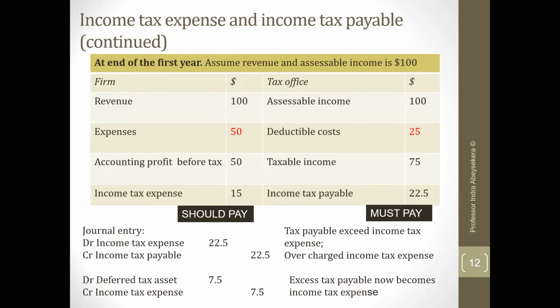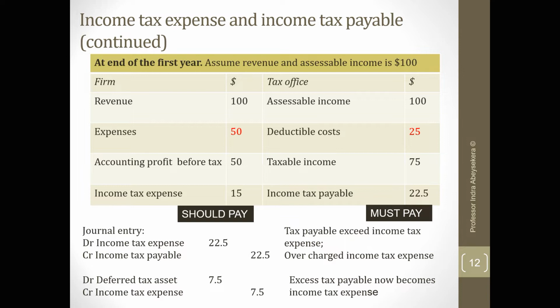But we know what we should pay is less, because we know about the company much more than the tax office, because the tax office is outside. But company people are working there as insiders, so they have inside knowledge. So we make an accounting adjustment to reflect the underlying economic reality of the company.